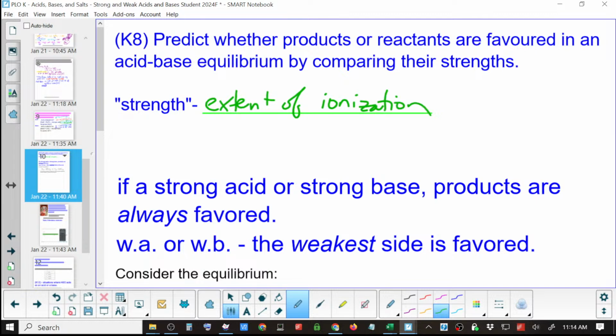I think I had an example reaction. Where did I write? Oh, so, if I have CH3COOH, acid or base?